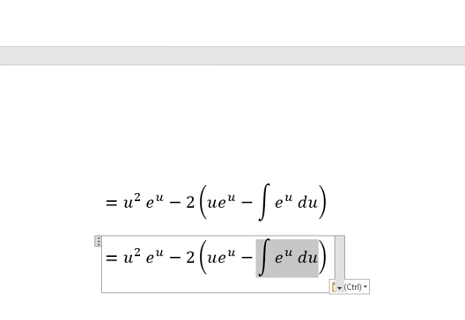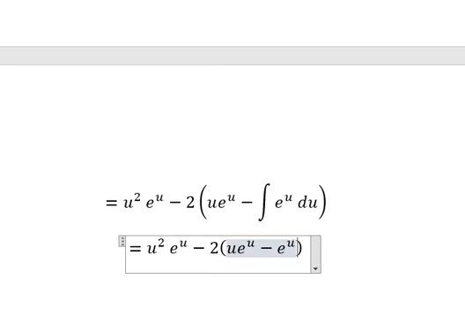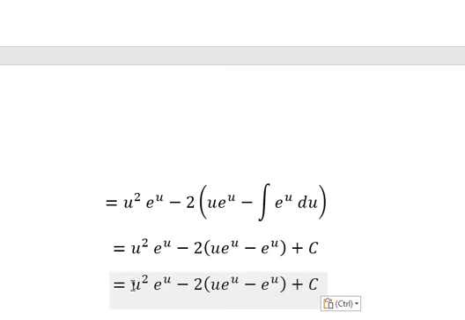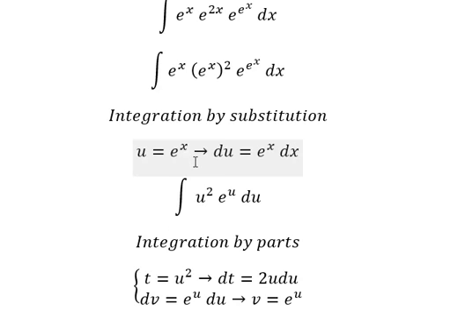This one we have e to the power of u, and I will put c. About u, that is e to the power of s.